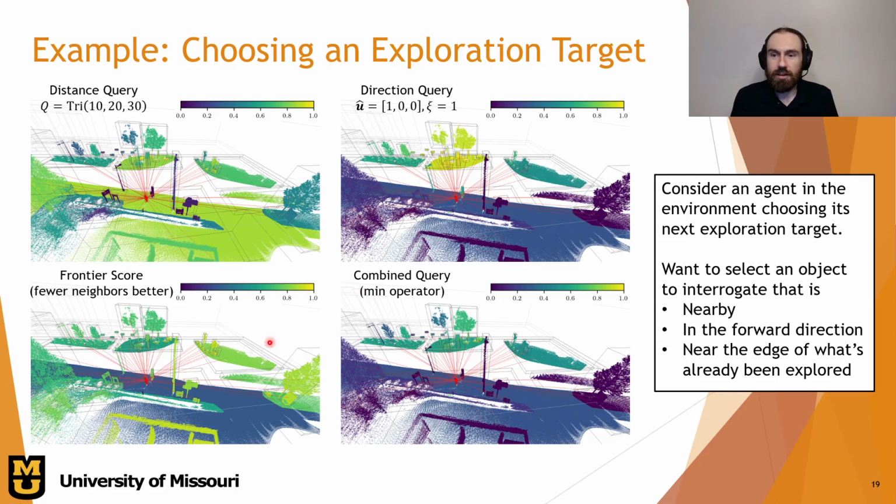And if we combine all of these together, we can start to get some sense of what is the best object that you would want to use as your next destination target, the thing that you would want to explore next. So this is a nice little framework that we can use to combine things like distance and direction in choosing objects of interest in a 3D scene.